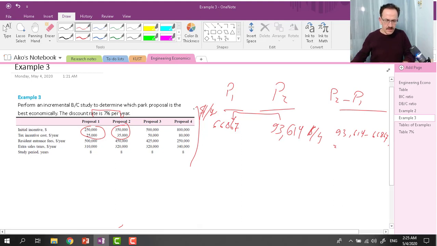The result is 26,747. This is the delta cost, delta C.